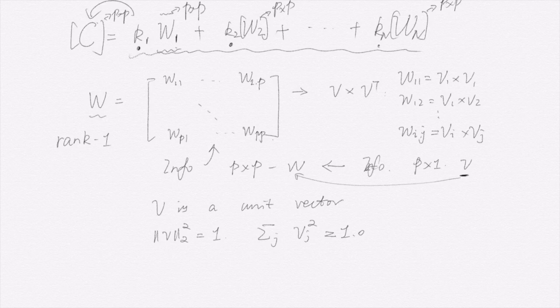So this way, we decompose the covariance matrix of the data into component matrices, and each component is represented by a component vector.